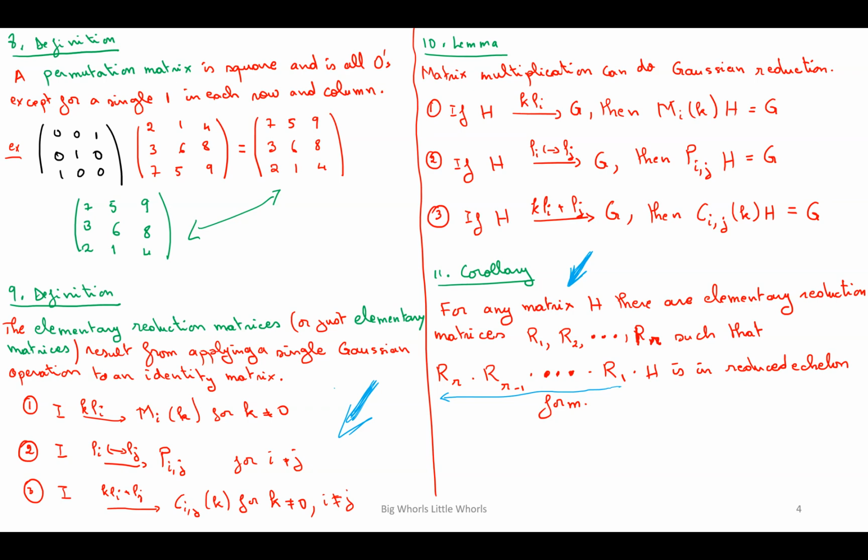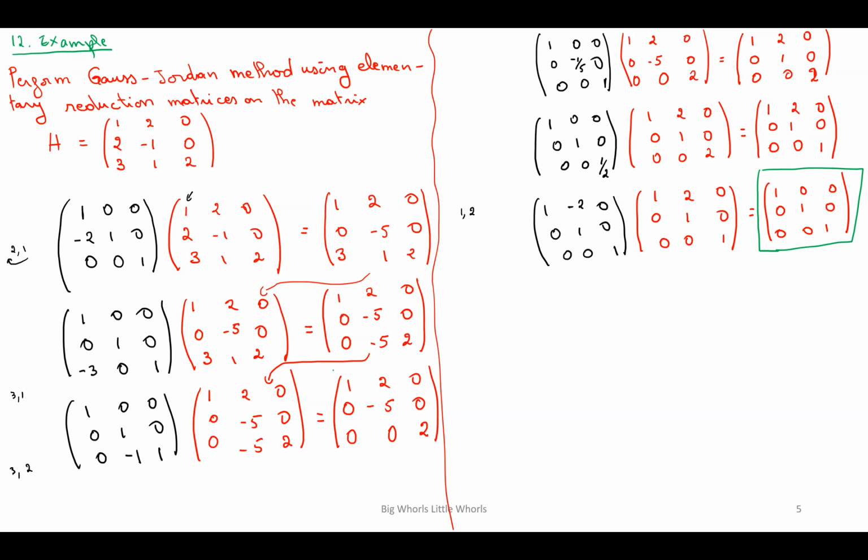So we are going to go this way. Let me write the last matrix: 1, minus 2, 0, 0, 1, 0, 0, 0, 1.